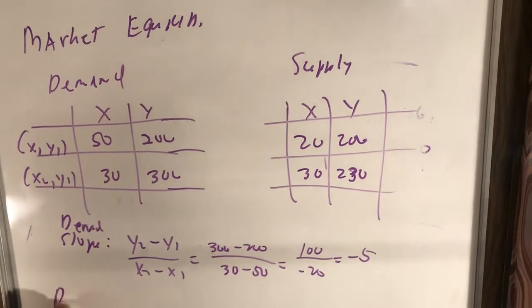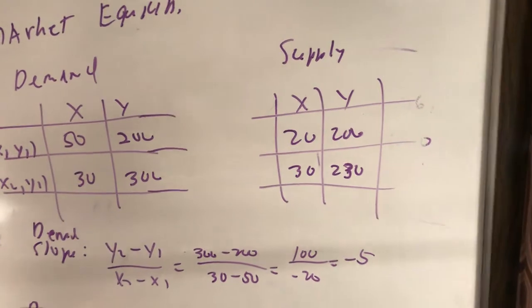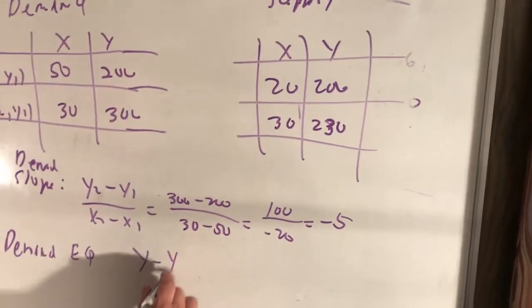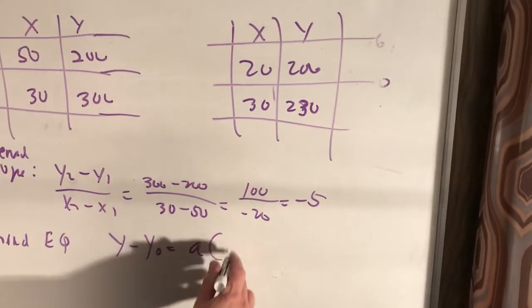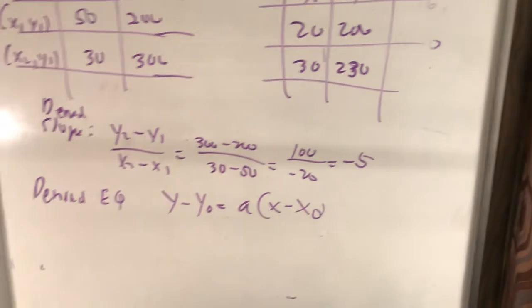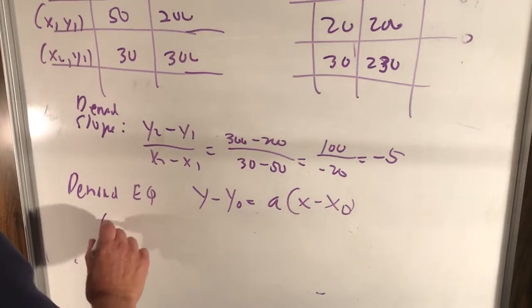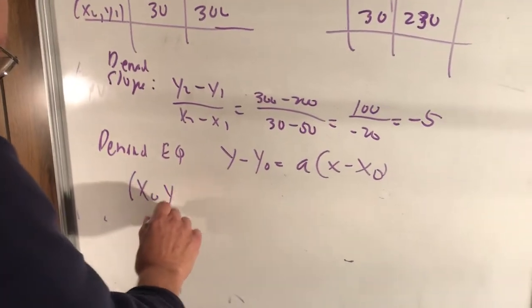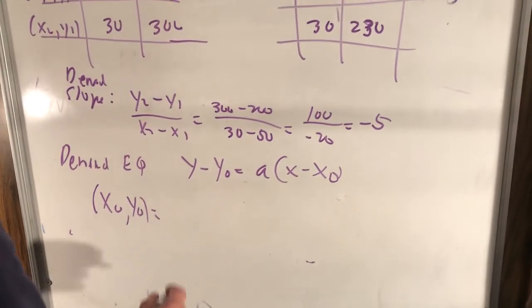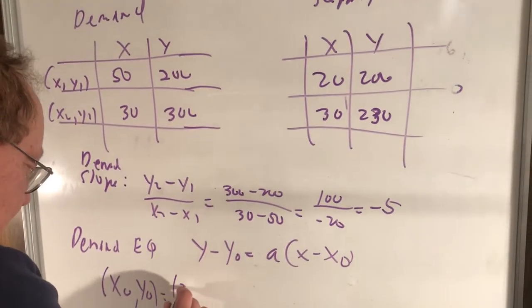Now the demand equation, I'll do the demand equation. Remember, there's y minus y0 equals the slope times x minus x0. I called it h because my m's are not readable. So I'm going to pick a point on the demand curve, 30 and 300.